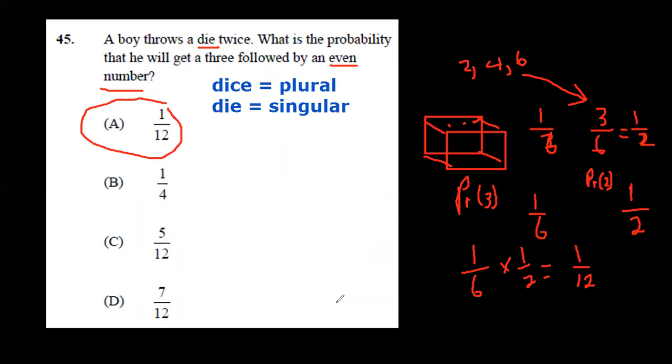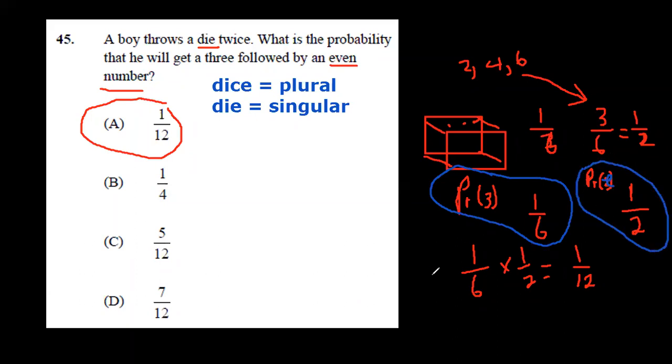Do you understand this part here? The probability of getting a 3 is 1 over 6, and the probability of getting an even number is 1 over 2. That part clear to you?